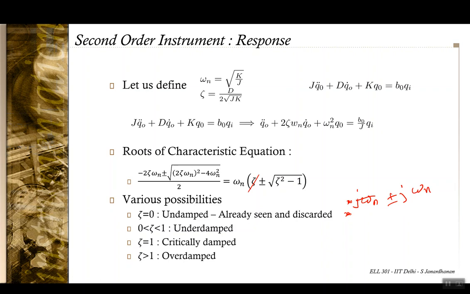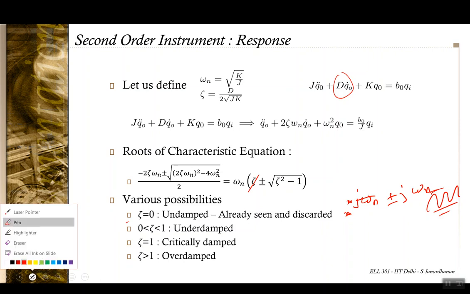There are sustained oscillations, and you have already seen that this is not really a useful one. And anyway, if zeta equal to 0, it would mean that this damping term was not there, but we do have the damping now, which would mean that we are not going to see this case. Okay, let's go to the next ones.